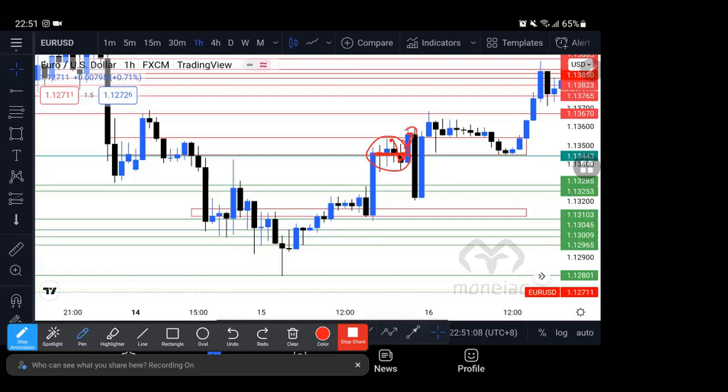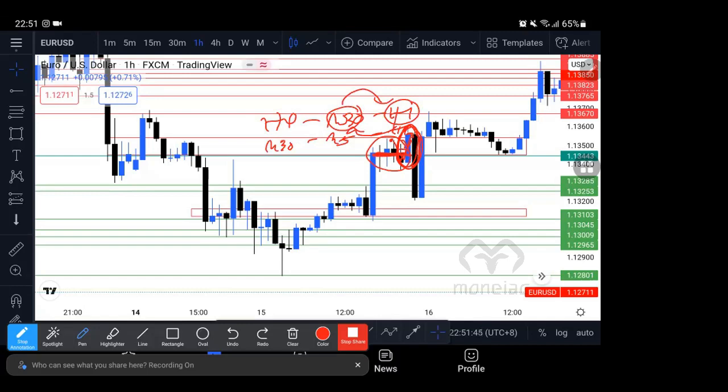So the failed setup happened over here because when we re-entered, this is like an entity breaking H1 from H4. When we re-entered at the entity break of H1, what is happening?